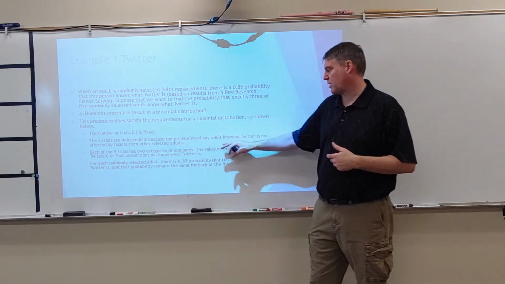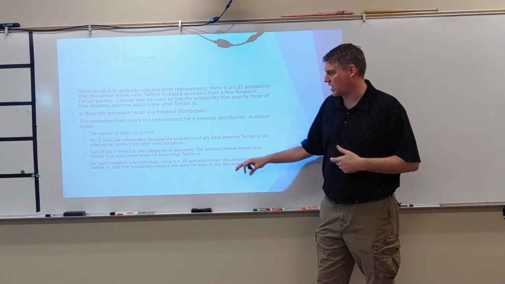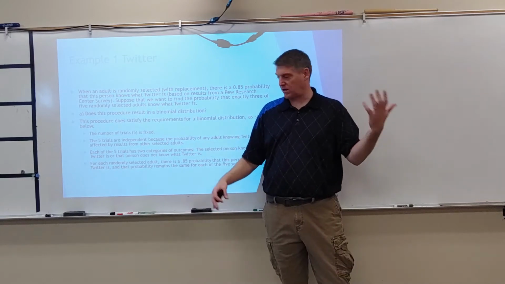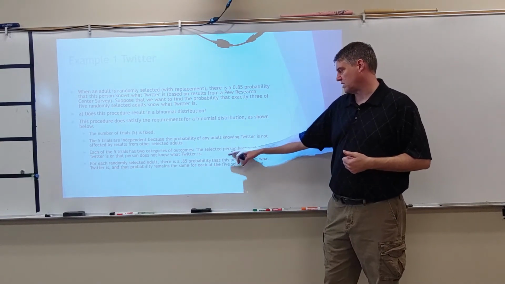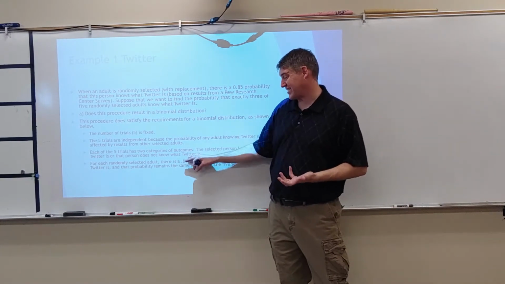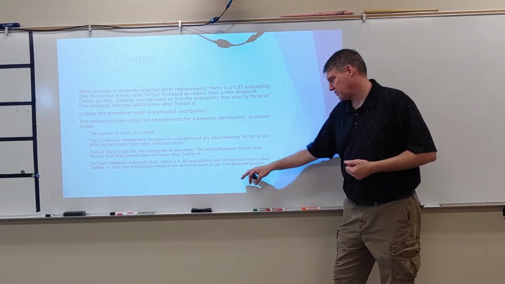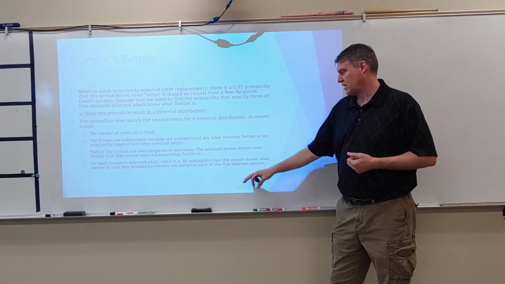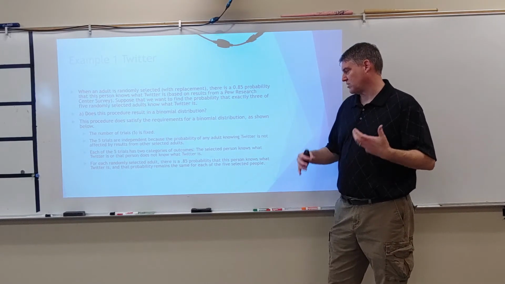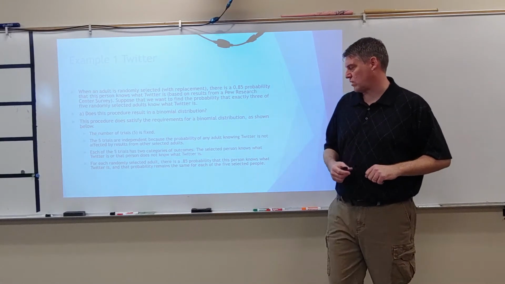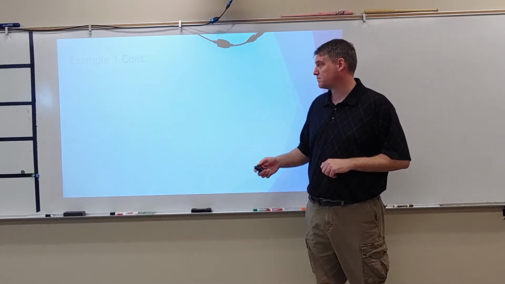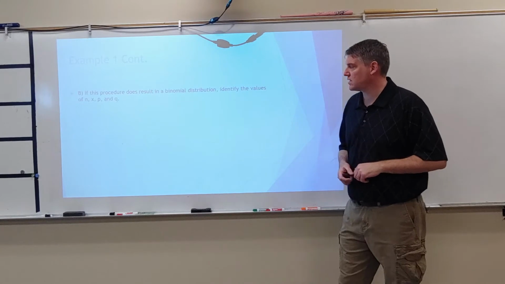They're independent because the probability of any adult knowing Twitter is not affected by the results of the other selected adults. Each of the 5 trials has 2 category outcomes. The selected person knows or the selected person does not know. There is a 0.85 probability that the person knows what Twitter is, and that probability remains the same throughout the 5 selected people.